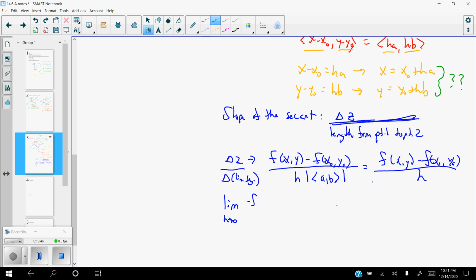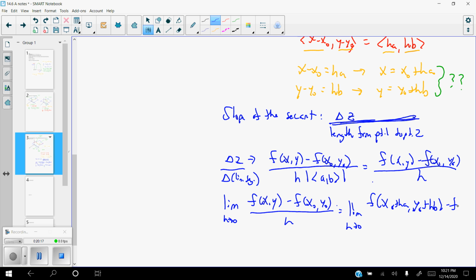So that would be the limit of f of xy minus f of x naught y naught over h as h approaches 0, which is going to be the limit as h approaches 0 of f of x naught plus ha, y naught plus hb, minus, I'm going to run out of room, f of x naught y naught, over h.